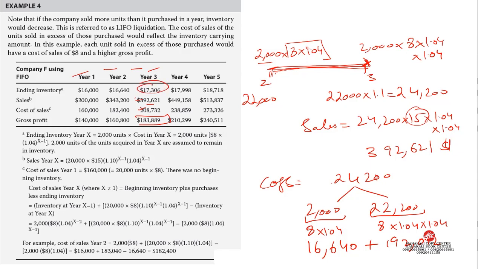So you need to understand, at this point we made 24,200 worth of purchase. We sold 24,200, but out of this, 2,000 came from ending inventory and 22,200 came from the purchase we made at this point. So we are left with 2,000 units, and this is the purchase price of these 2,000 units. We are going to continue this for year 4 and year 5.